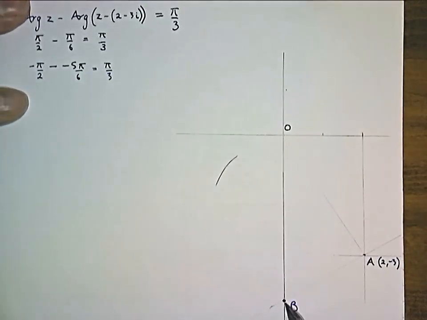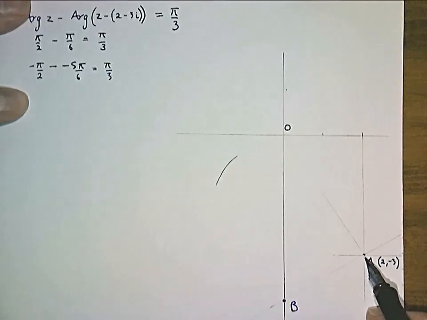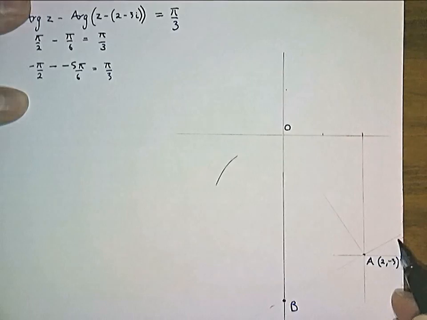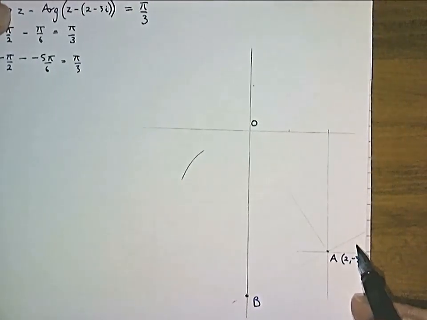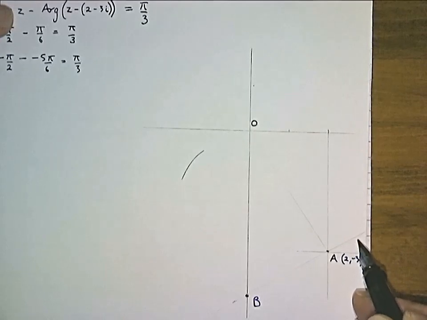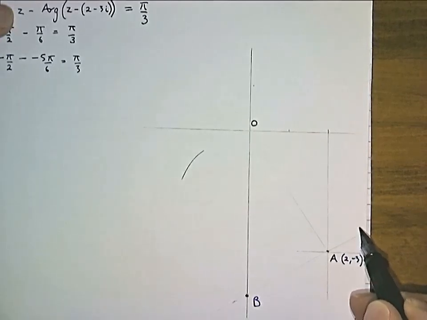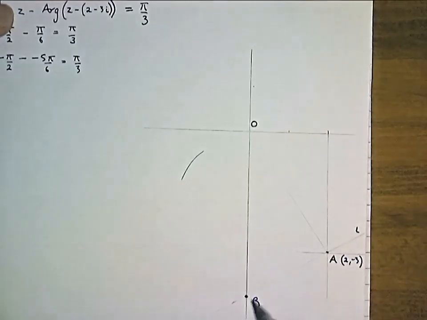Let's find the point B. Clearly the x-coordinate is 0, so now we're going to be looking at y minus y1 equals m times x minus x1. And if we look here, we've got a 30, 60, 90 triangle, and so the tangent is the gradient. The tangent of that triangle is the gradient of the line, let's call it L, coming down here.